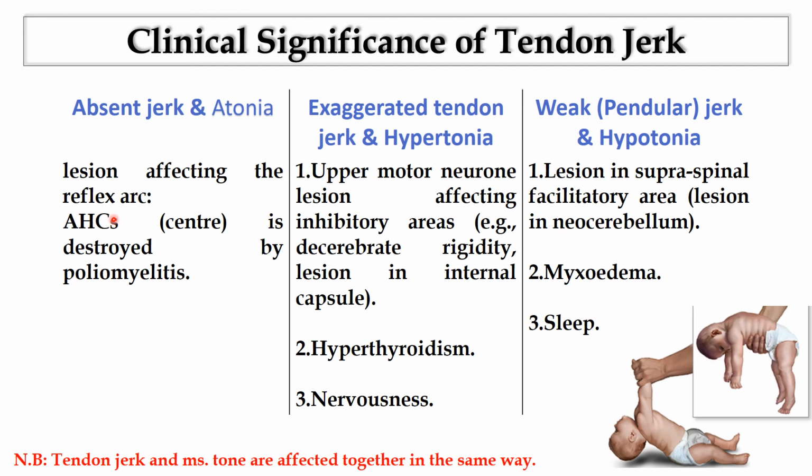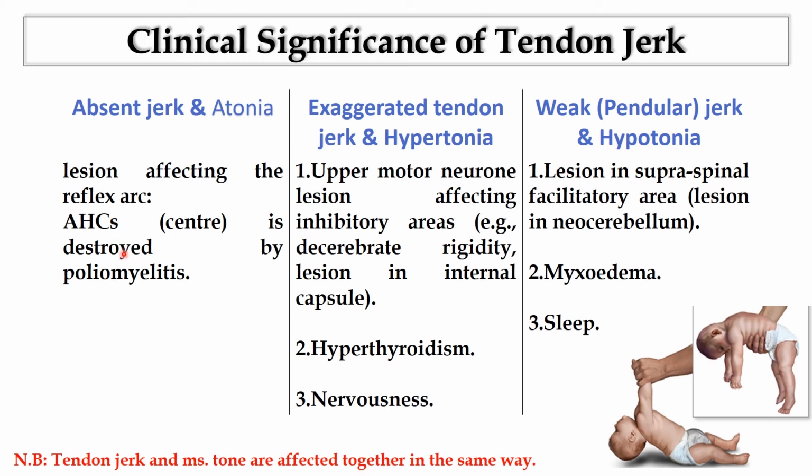We exaggerate the stretch reflex, either tendon jerk or hypertonia, in three cases. In upper motor neuron lesion, as we mentioned before, in the case of decerebrate rigidity in the animal or internal capsule lesion, because we abolish the effect of inhibitory areas, so the stimulatory areas stimulate the stretch reflex, so the patient will be hypertonic and rigid or spastic, and at the same time there is exaggerated tendon jerk.